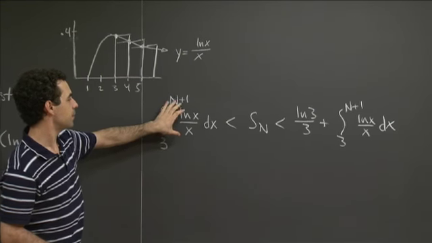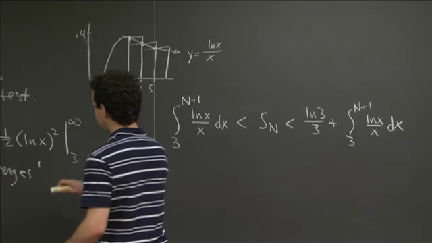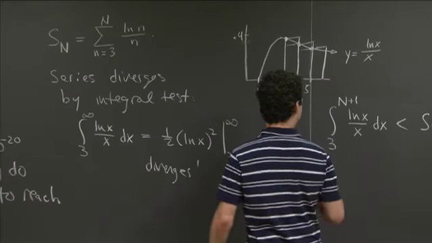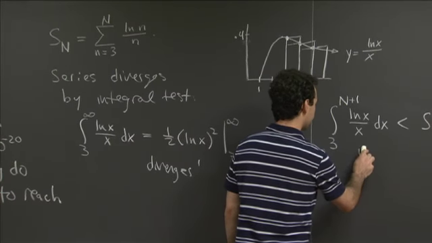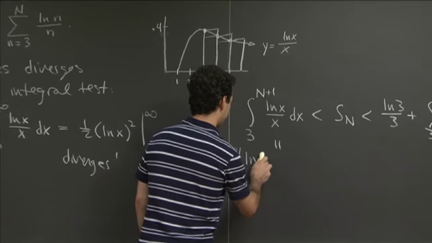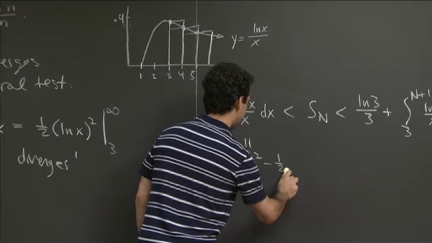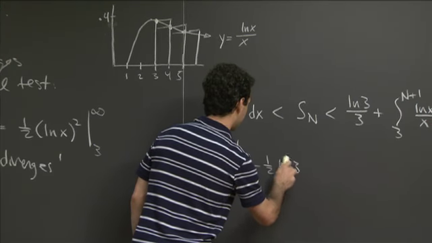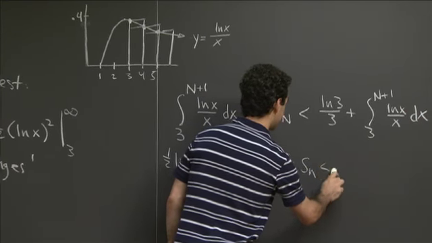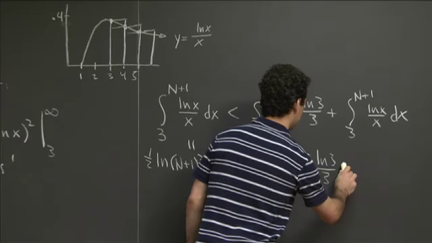So okay, we said we know about how big this integral is. How big is it? Well, we saw that it's about log x squared between the bounds. So this is equal to 1/2 log of N plus 1 squared minus 1/2 log 3 squared, which is less than Sn, which is less than log 3 over 3 plus the same thing.